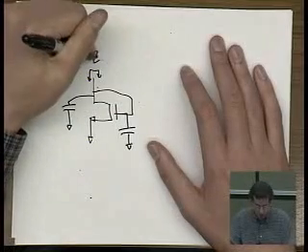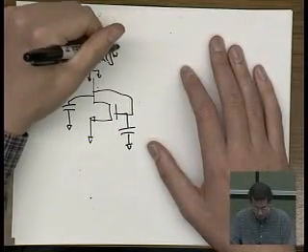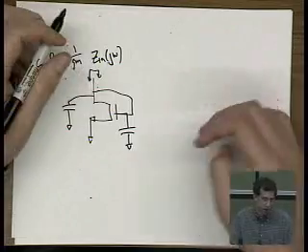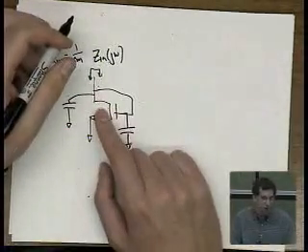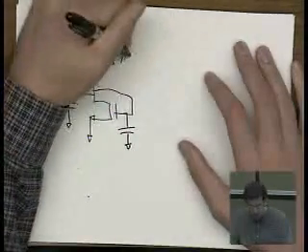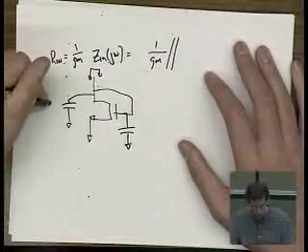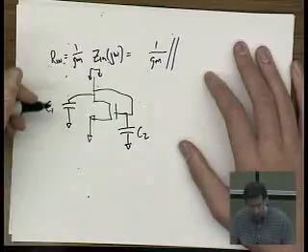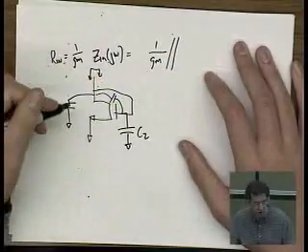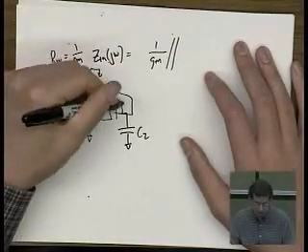So now let's talk about Zin as a function of j omega. The DC behavior of this guy still holds. So it ends up being 1 over GM parallel. Let's call this C1 and C2. You know, there is that CGD, but that no longer matters, right? Because it's shorted out. Parallel 1 over j omega C1 parallel 1 over j omega C2.